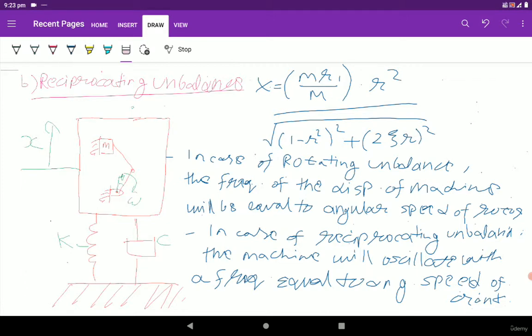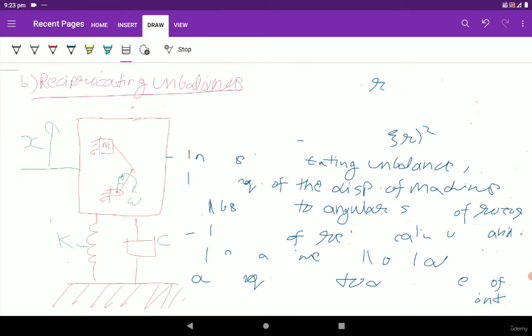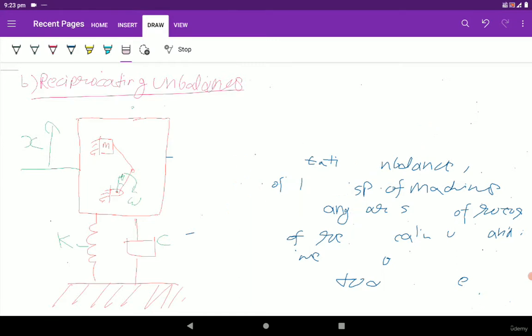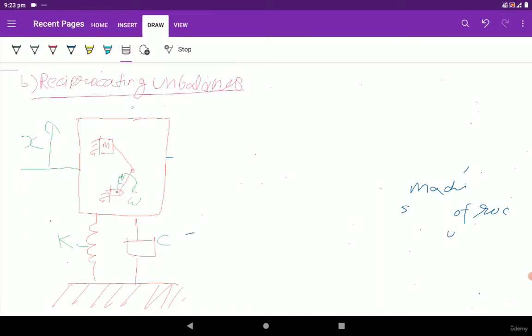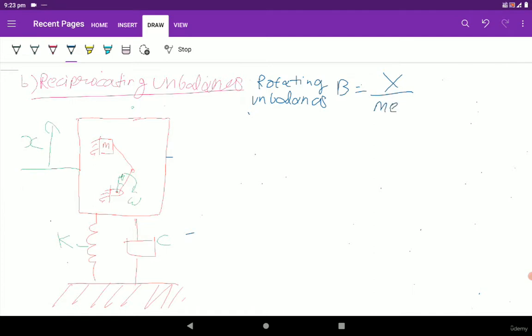So the rotating unbalance: B is equal to capital X upon small m e by M, which is equal to r square divided by under root of (1 minus r square) whole square plus (2 zeta r) whole square.